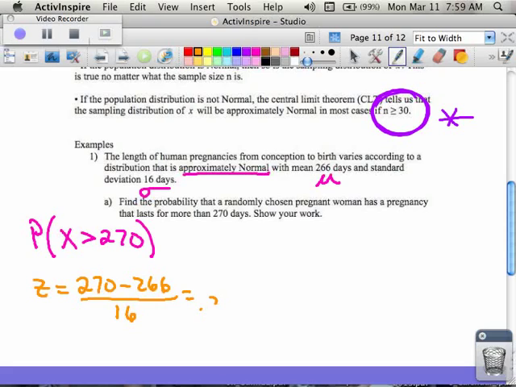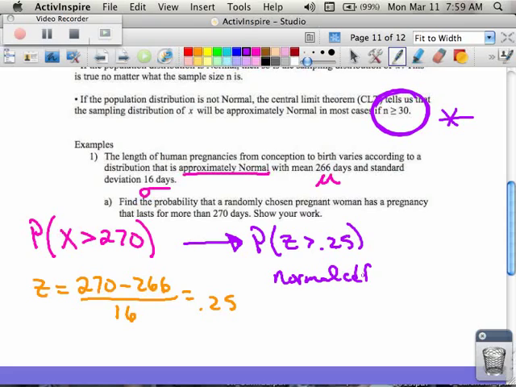Thank you, 0.25. Which then tells me that when I'm looking on a normally distributed situation, I'm looking for the probability that my z-score is more than 0.25. So I can type that into my calculator, normal CDF. And I usually go 0.25, comma 99.